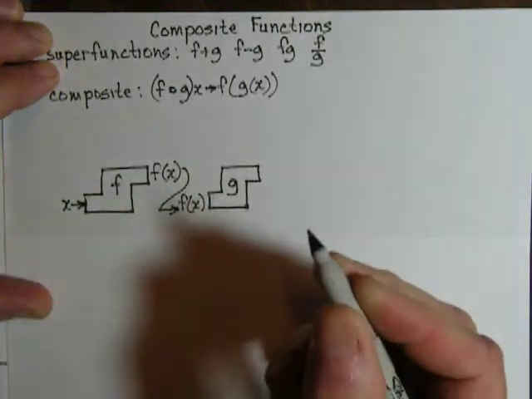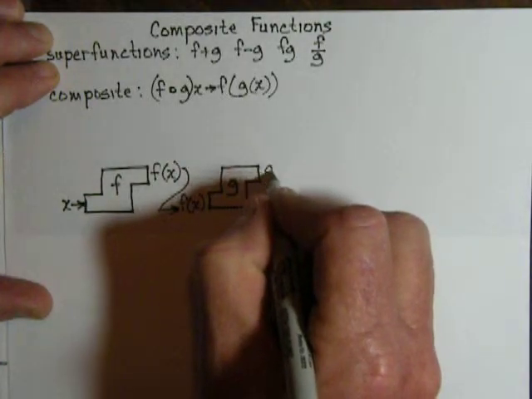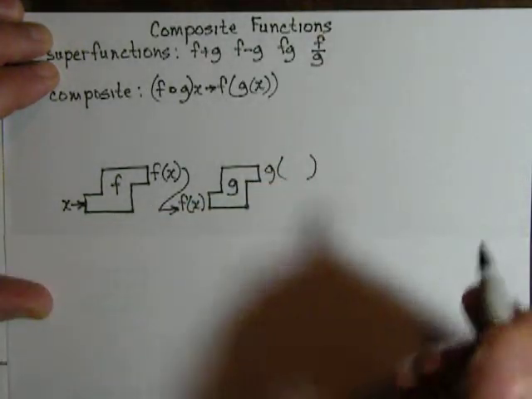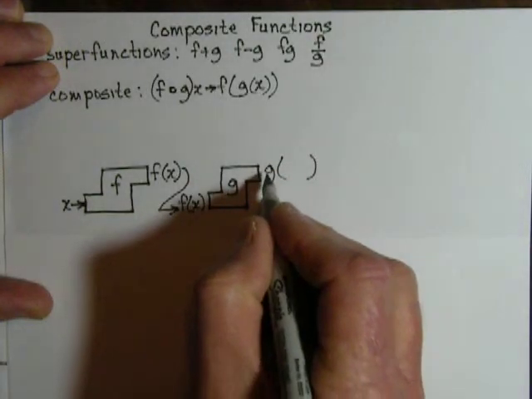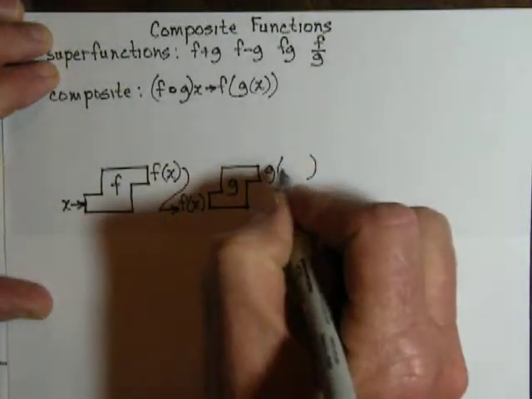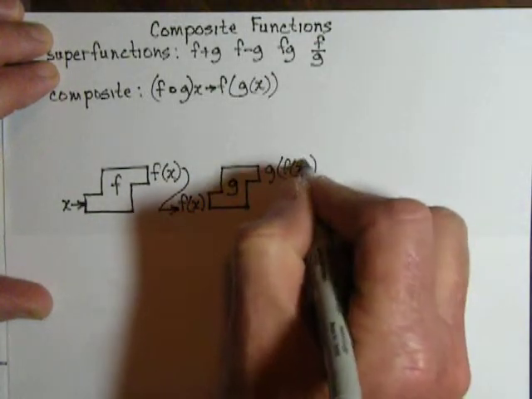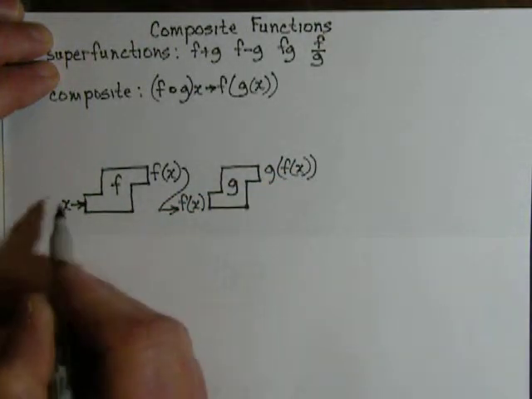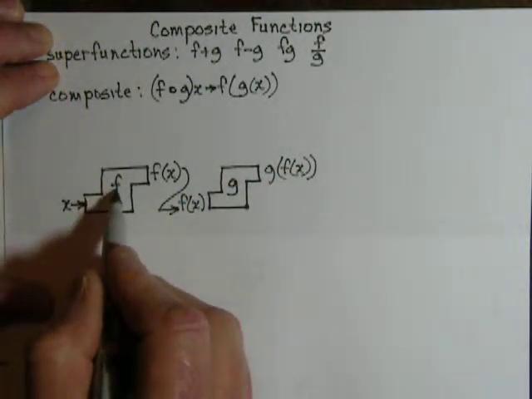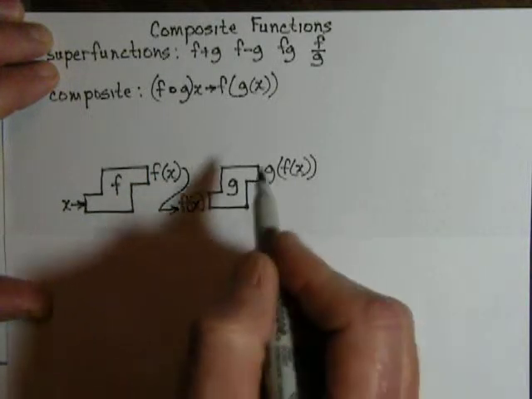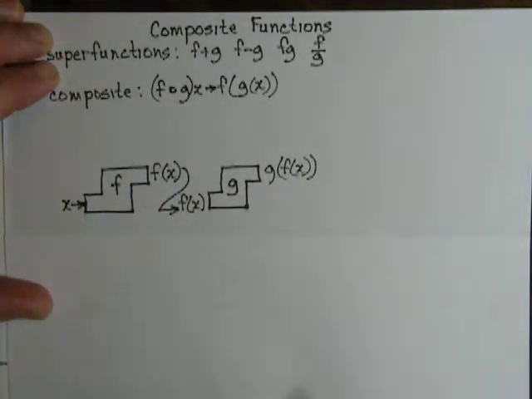And then g acts. And what g is going to do, g is going to do its thing, so it's going to be g of it. In this case, it's g of what went in. In other words, g of f of x. So you started with x, f operated on it, got an answer, and then that result plugged into g, and g did its thing.